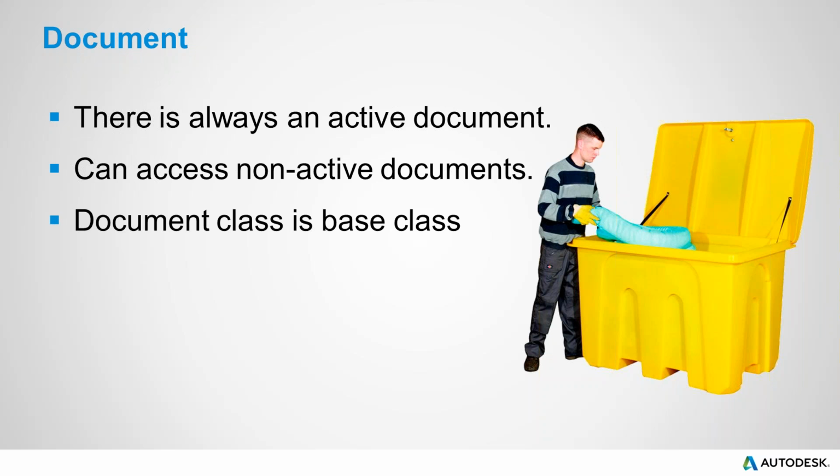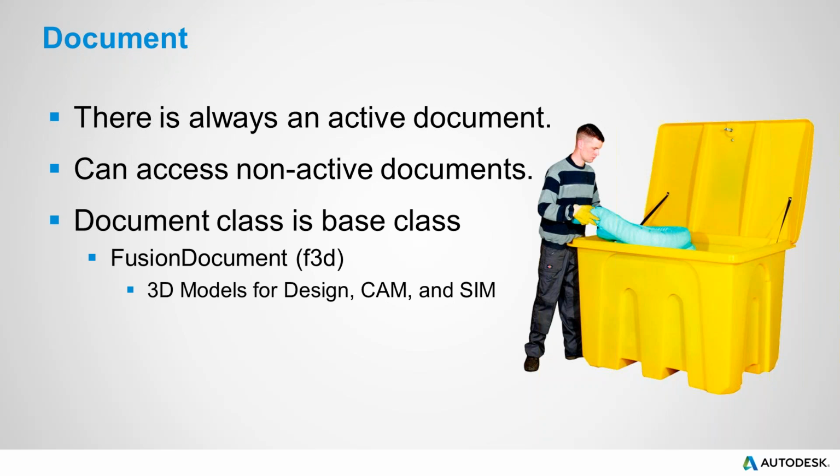And through the API there's a class called document, and that's the base class, and derived from that is a class called Fusion document. If you save it to disk, it's an F3D file, and it holds all of the 3D data.